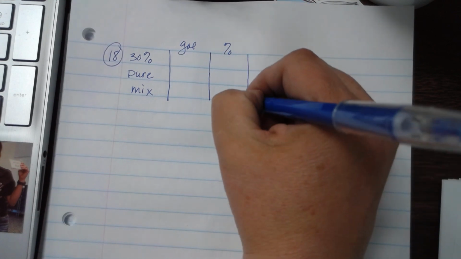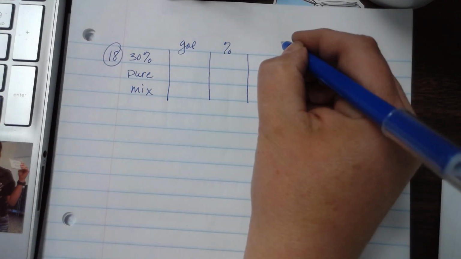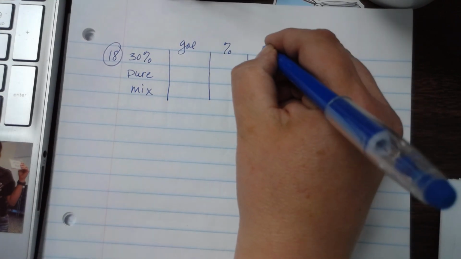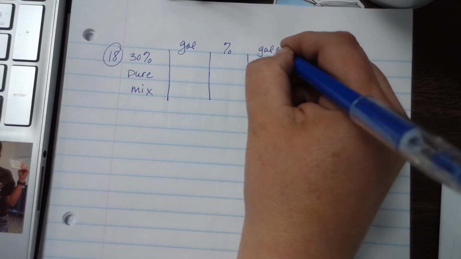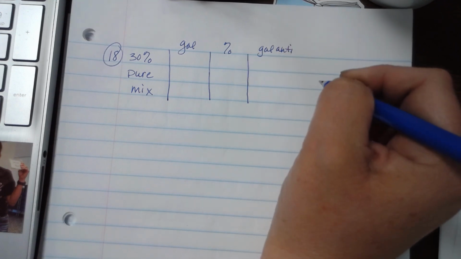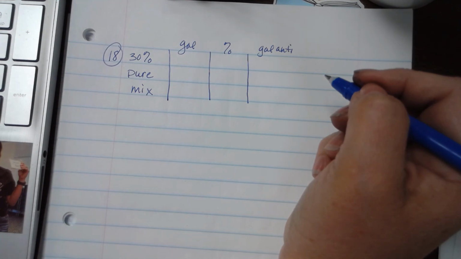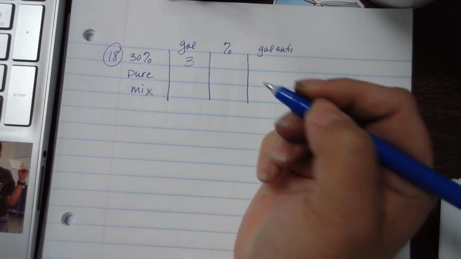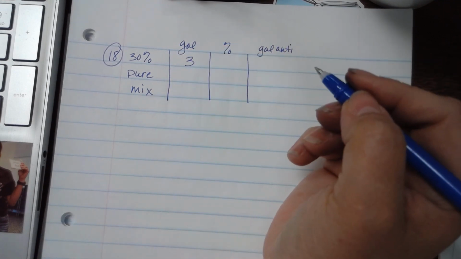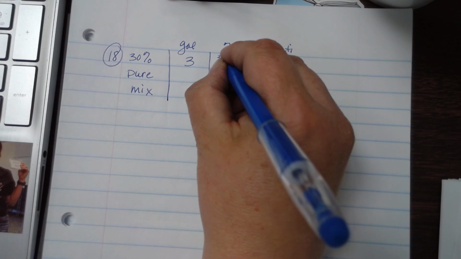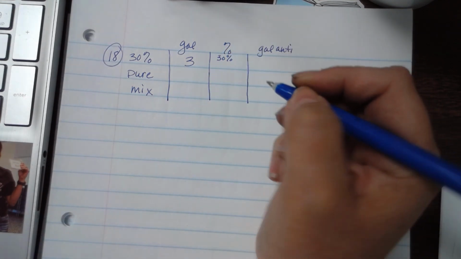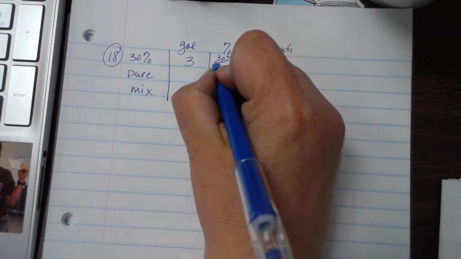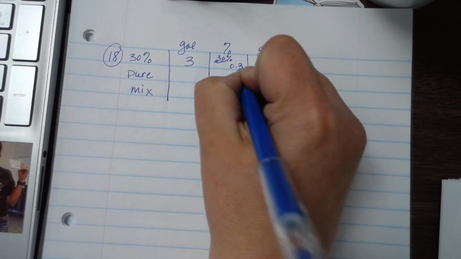And then what they want to know is how many of the gallons are actually antifreeze. Okay? So let's just take those and go with what we know. So for the 30% antifreeze, it says that he has 3 gallons. Now, for percentage, we know that it's 30%, but as usual, we're going to take our percent and make it into a decimal.